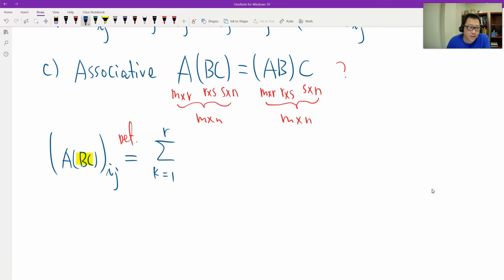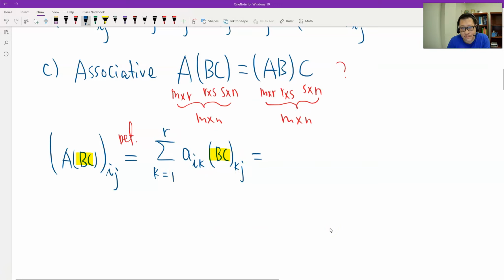And then it is the ith row of A, which is A i k, times the jth column of the matrix BC, that's (BC) k j. Don't worry, this is just a matrix. That makes sense. This is the definition. Because the columns of A run from 1 to R, that's why the index k runs from 1 to R. And then one more time of the definition.